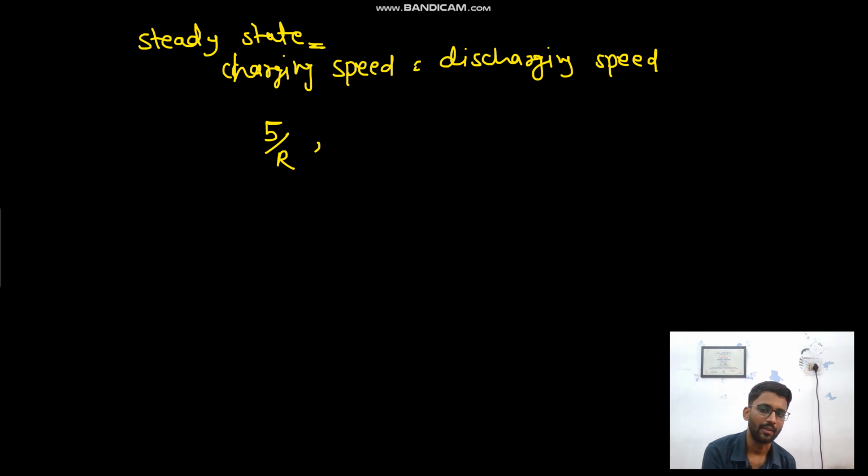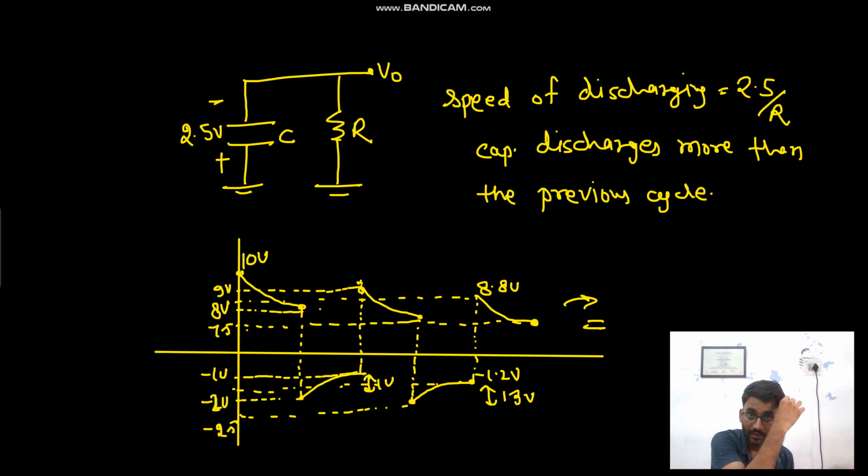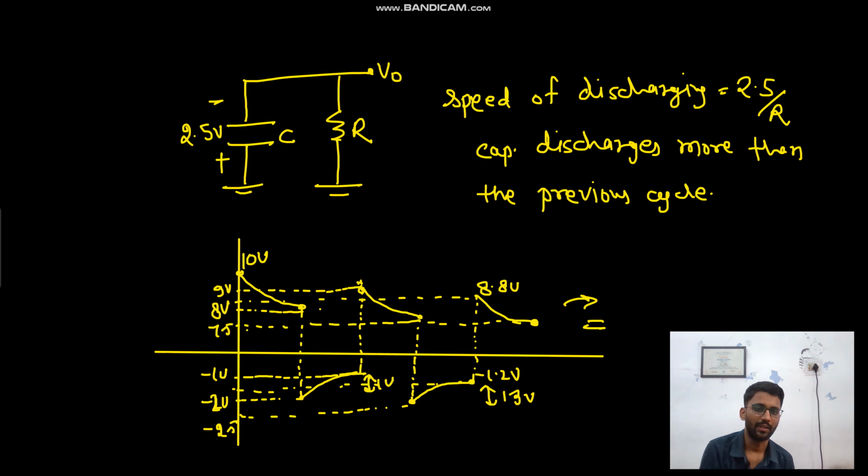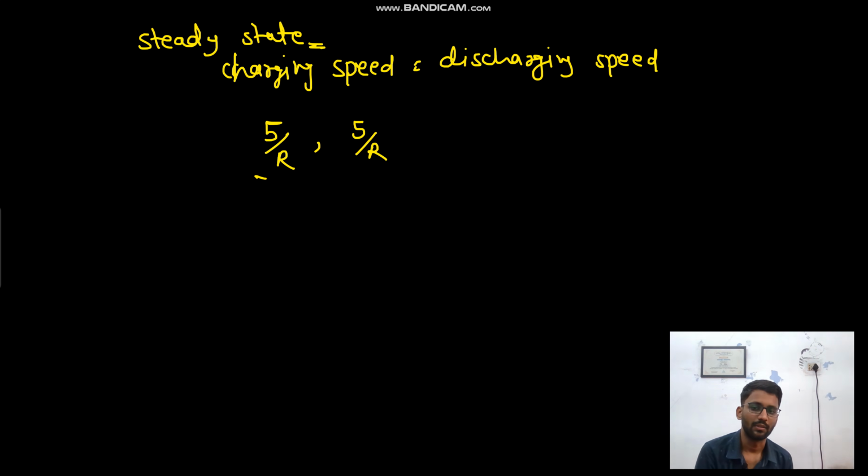At 5 by R, right? Because the discharging speed is getting increased. Now we had 2.5 by R, previously we had 2 by R, and charging speed is getting decreased. 10 by R, 9 by R. So this is charging and this is discharging.